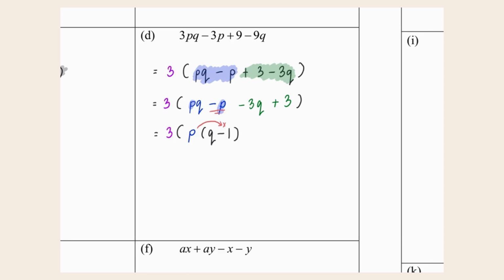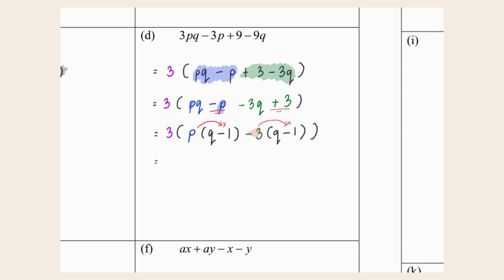For the next green color group, I'm going to take out negative 3 and I'm left with q. You would see Mr. Tan writing negative 1 because negative 3 multiplied by negative 1 will give me back my positive 3.